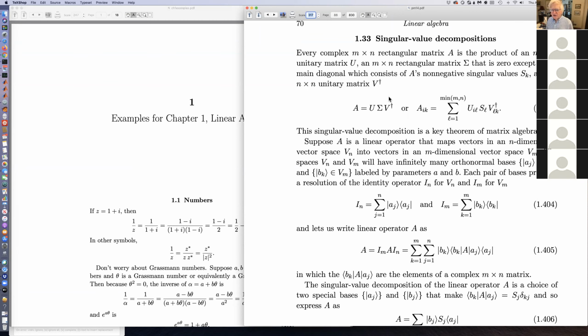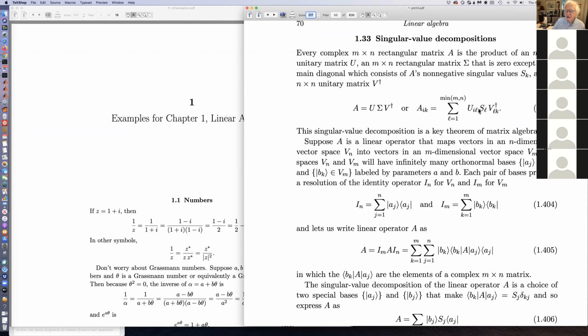So we write it this way. The dagger there is conventional. It could have been U sigma V, or we could have had U sigma W, where W was equal to V dagger. In terms of matrix elements, A_ik is a sum over L of U_iL sigma_L V dagger_Lk.